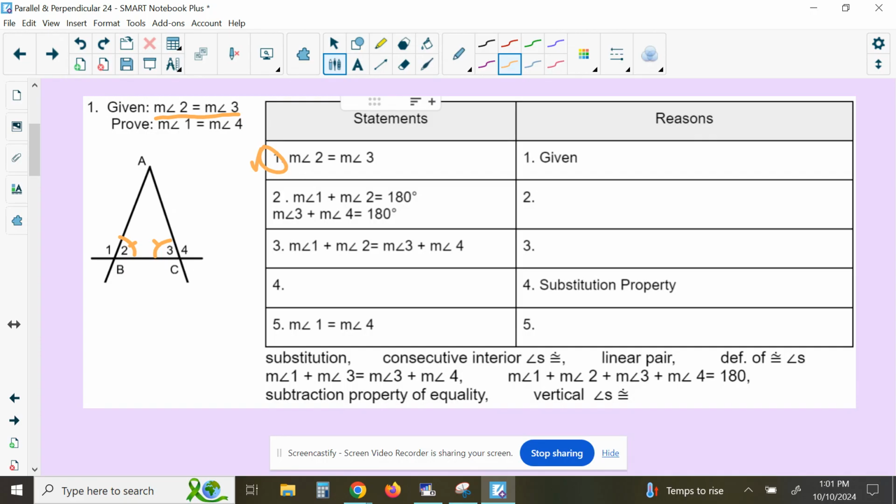Okay, so I'm going to move to a new color for the second step. So, a new color. I'm going to go green for this step 2. Okay, so step 2 says the measure of angle 1 plus the measure of angle 2 equals 180 degrees.